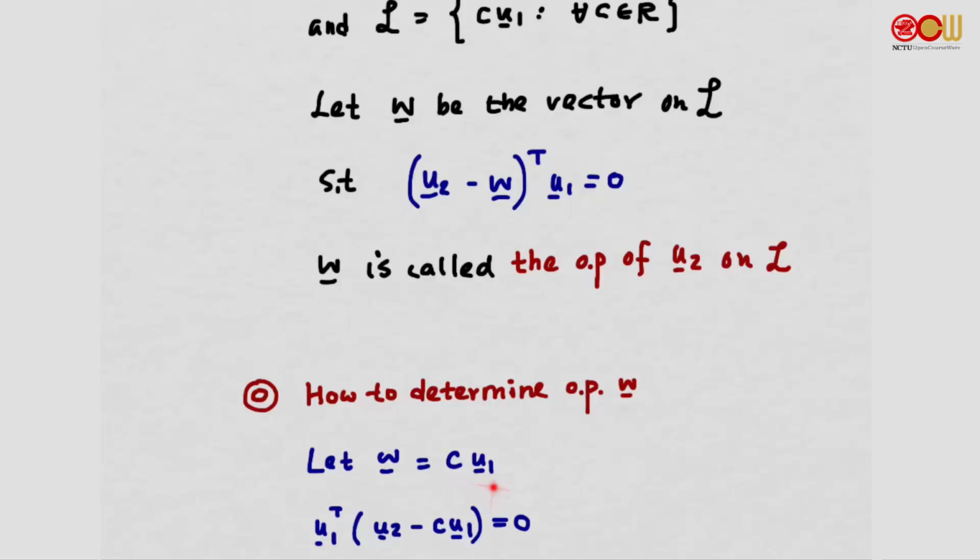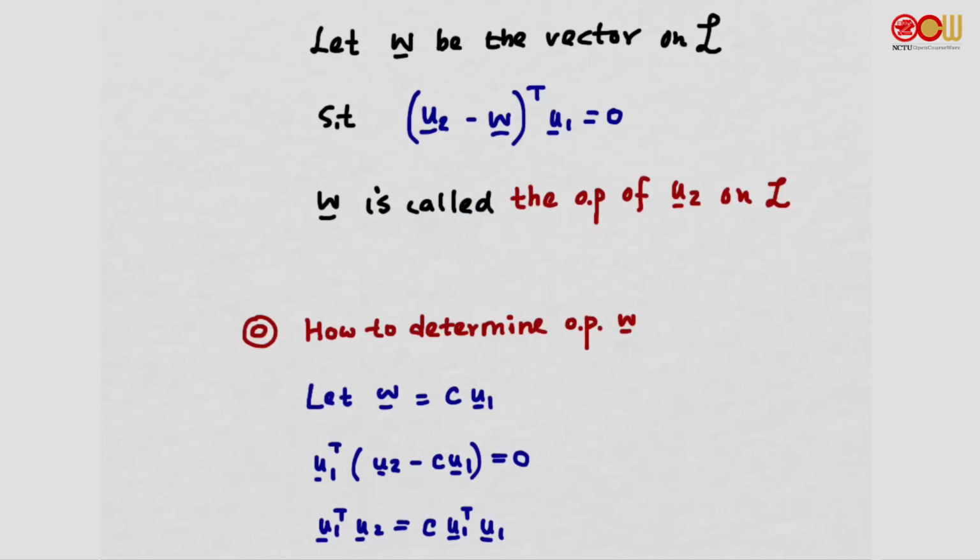Let's plug this expression in here. U1 transpose and U2 minus W are orthogonal. So U1 transpose times U2 minus CU1 is 0. And this means that the dot product of U1 and U2 is on the left hand side, and we can move this term to the other side. We get C times U1 transpose U1.